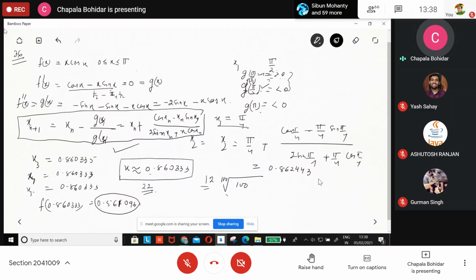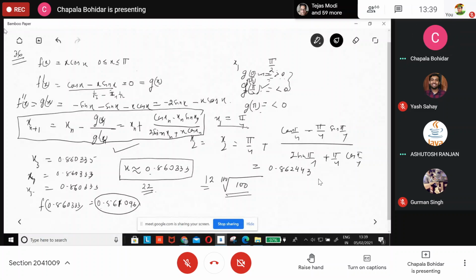So now what will you write down here? Question number 12 that is given to you as an assignment. What will we write down here? Tell me. The 100th root of 100.